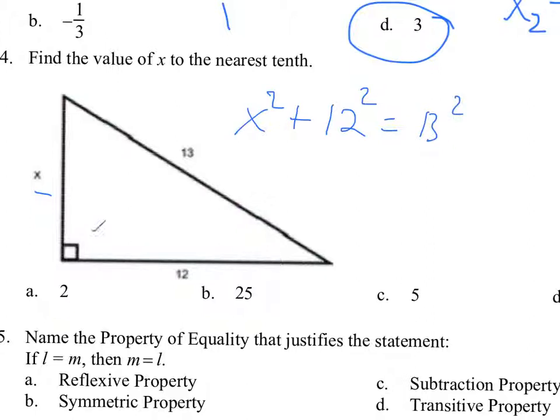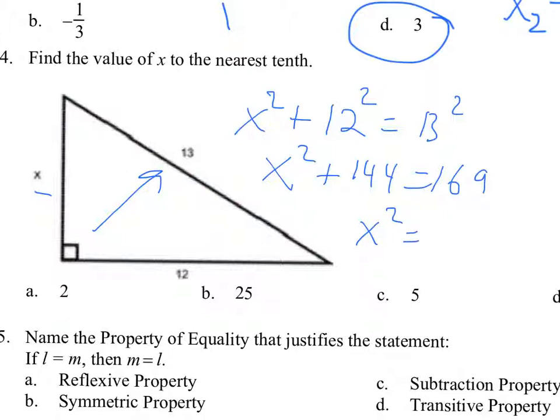Remember, 13 is the hypotenuse, so we square the two legs and set it equal to the hypotenuse squared. So we have x squared plus 144 equals 169. Subtract 144 from both sides. We get x squared equals 25. What number squared equals 25? The answer is 5.